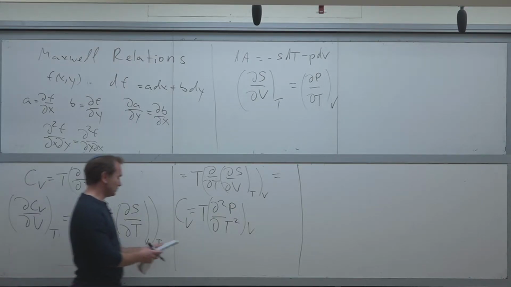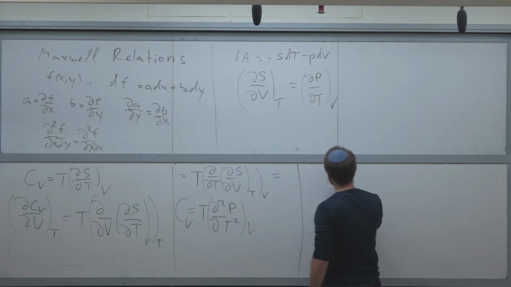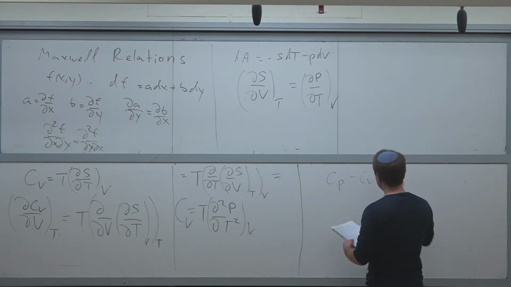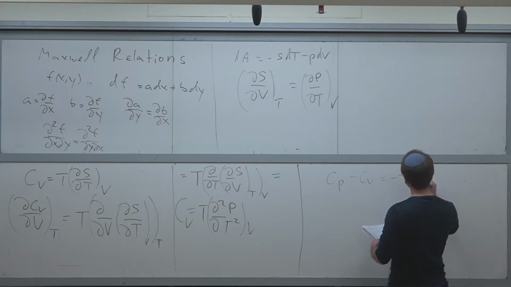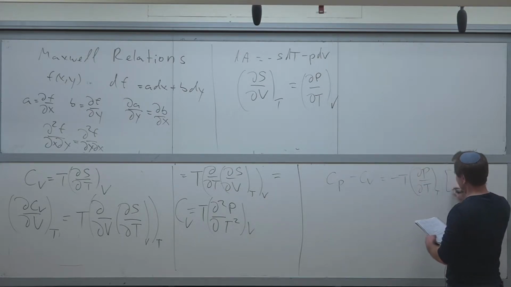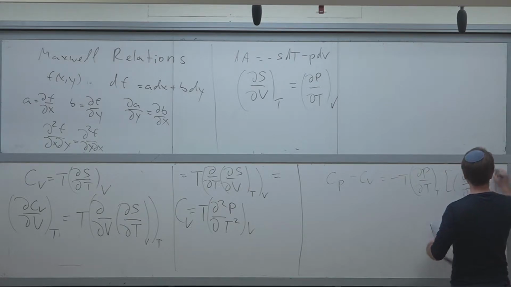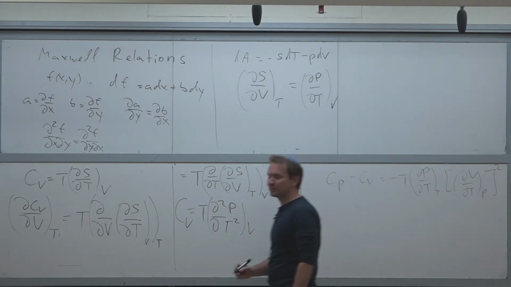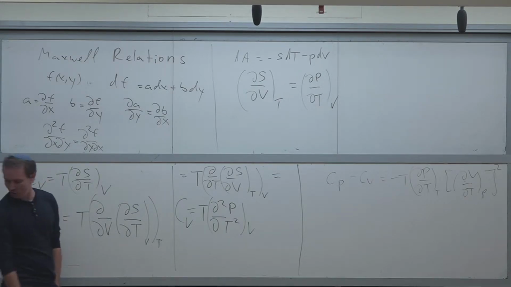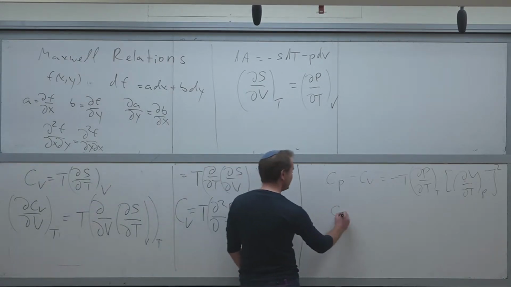For example, by playing the same game, we can obtain that Cp minus Cv equals minus T (dP/dT) at constant V, times (dV/dT) at constant P, squared. How does one obtain this relation? One simply starts with the description of what is Cp.